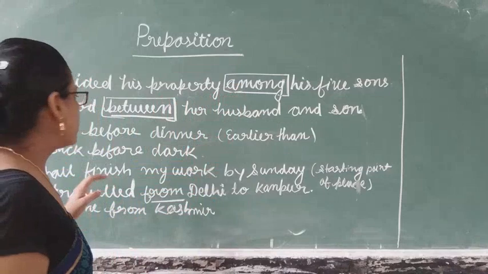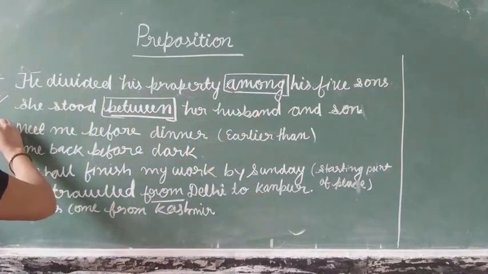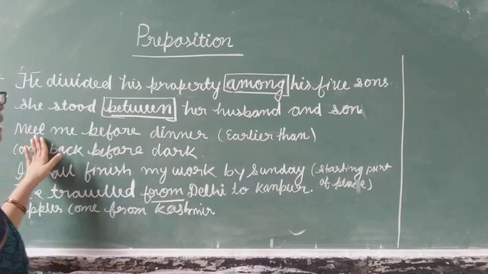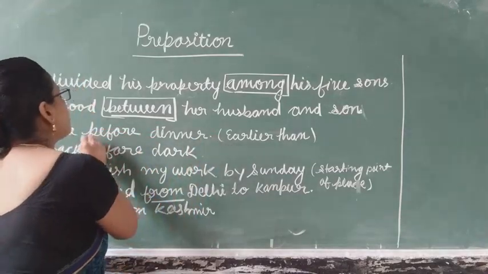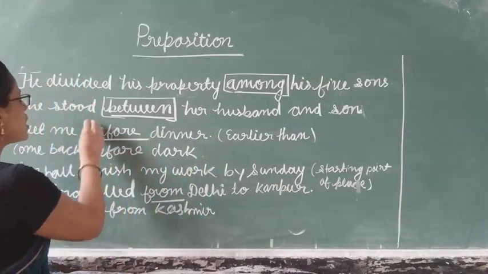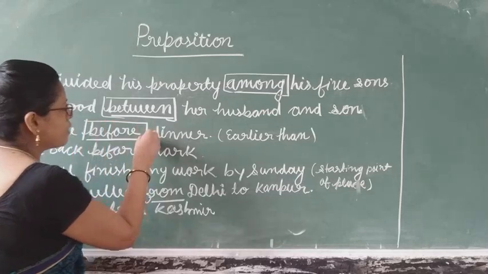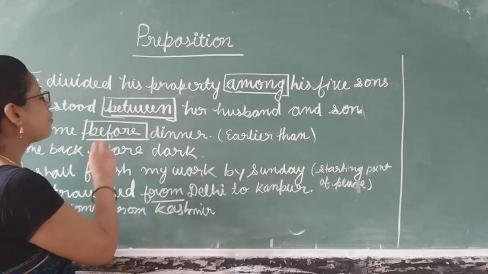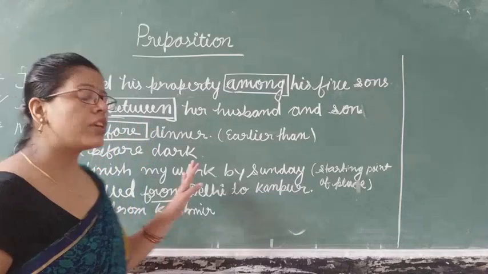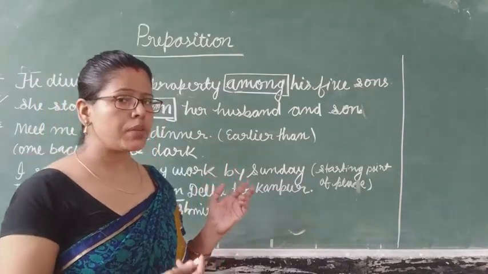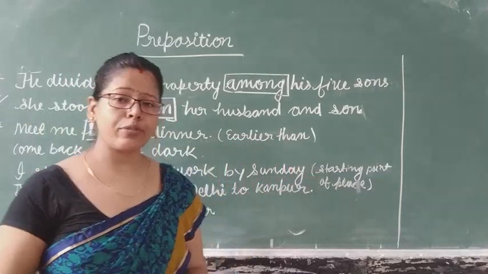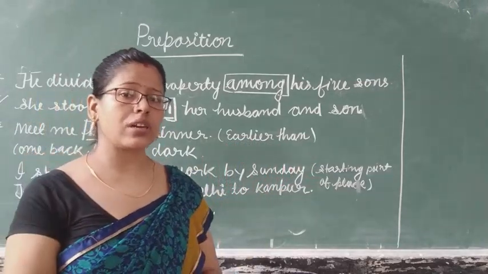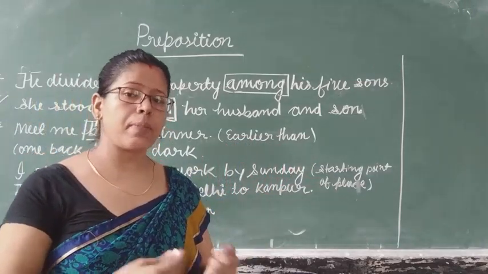Come to the next example. Meet me before dinner. What is the preposition here? I have used the preposition before. We use before to express the sense of earlier than, ke pehle.